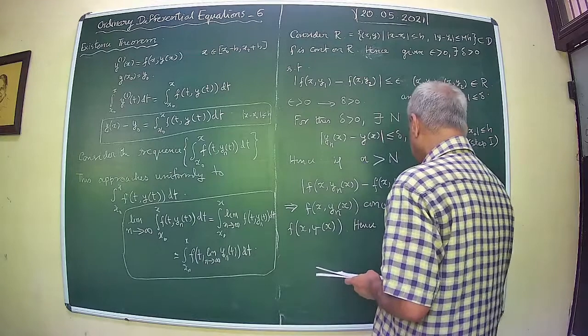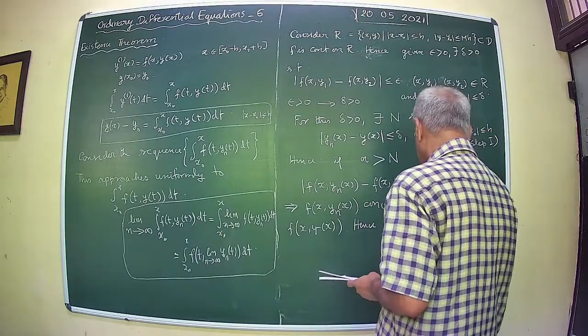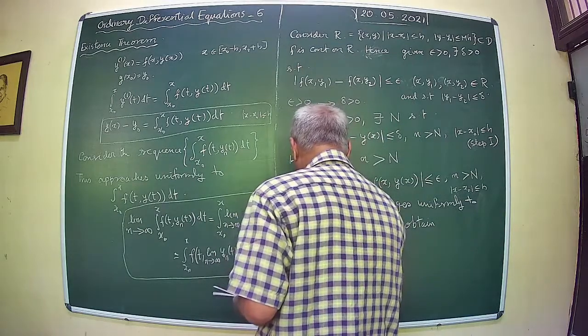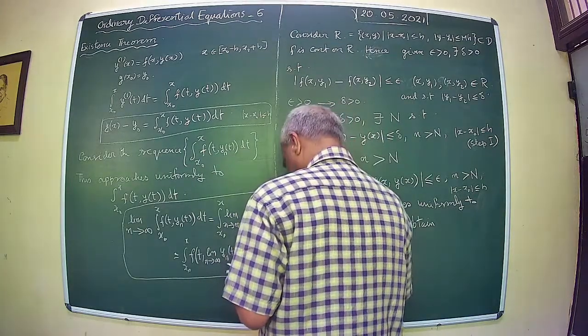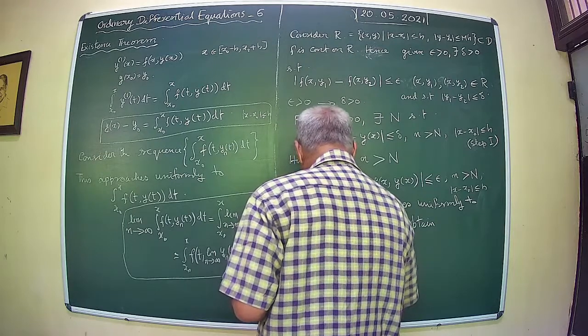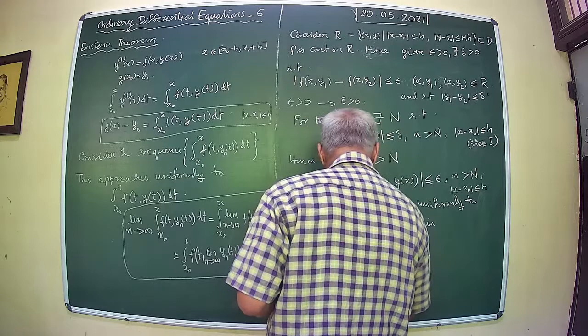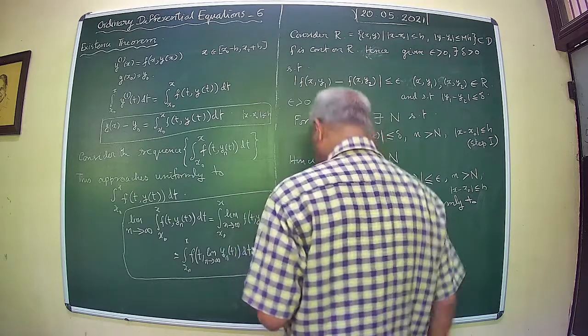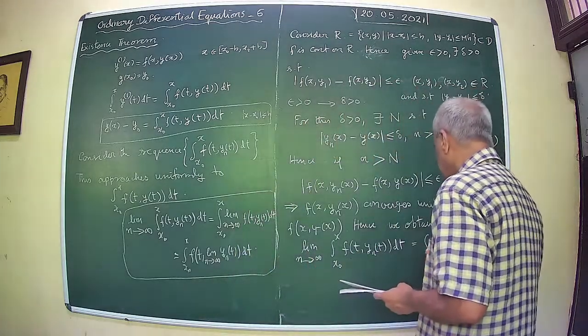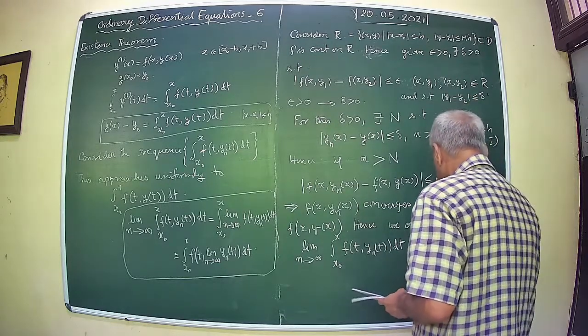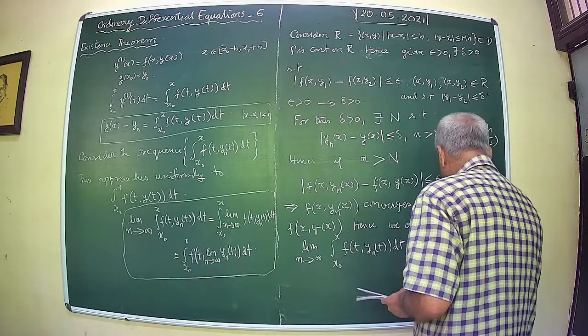We obtain that the limit as n tending to infinity of the integral from x0 to x of f(t, y_n(t)) dt is equal to the integral from x0 to x of f(t, y(t)) dt.